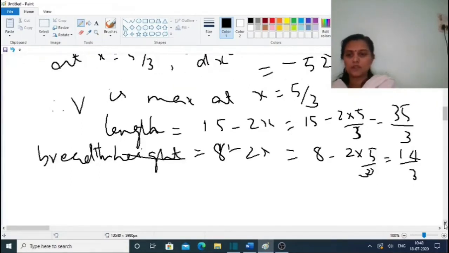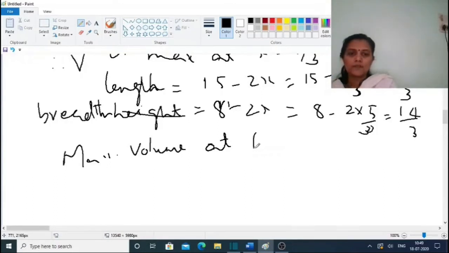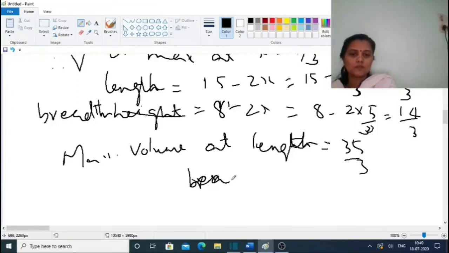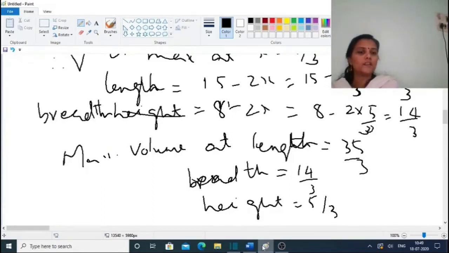So maximum volume at x equal to 5/3: length is equal to 35/3, breadth is equal to 14/3, height is equal to 5/3, all in inches.